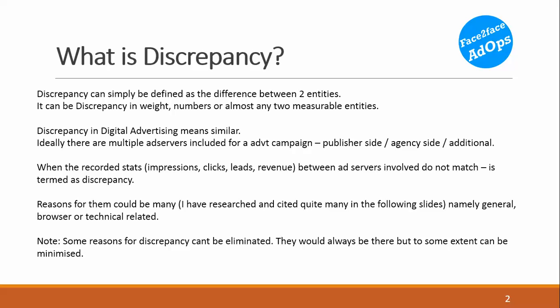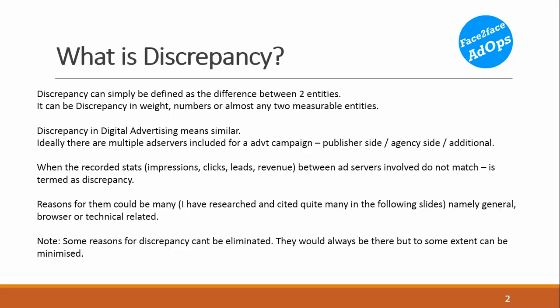The reasons behind them, well, I found around 17 reasons, but there can be more than that, and I have tried categorizing these reasons under general category, browser category, and technical category. We need to keep in mind that there can be some reasons which can't be eliminated completely.